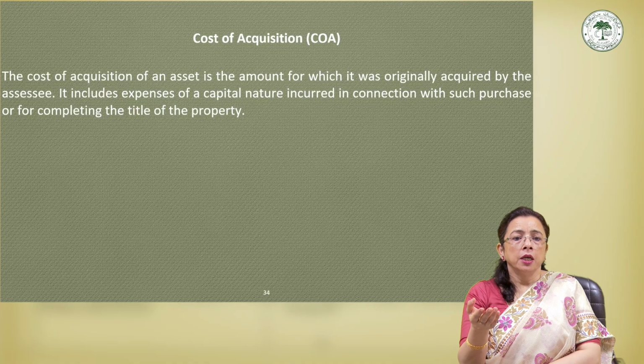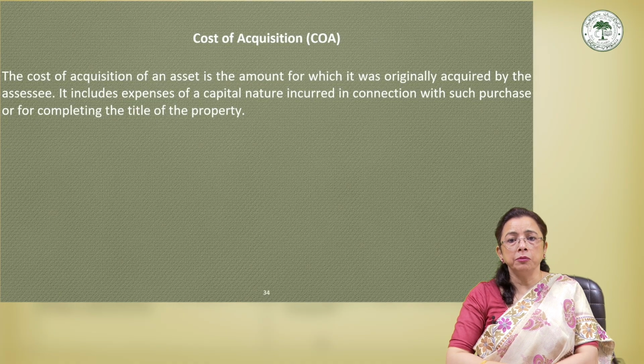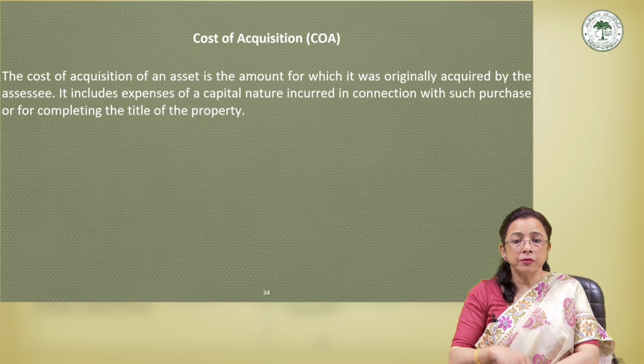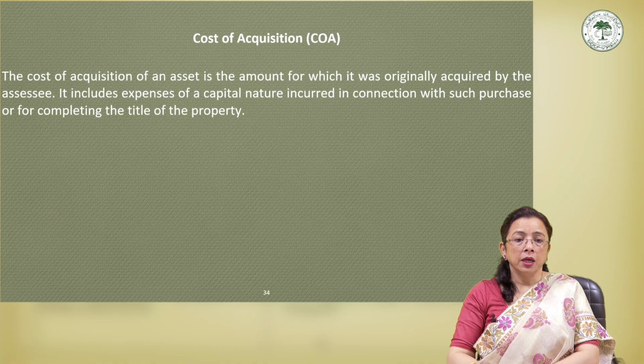So, in certain cases, the income tax also provides a deemed rule for determining the cost of acquisition. For example, assets received through inheritance or gift, bonus shares, right shares, amalgamation or demerger and conversion transactions, etc. In such situations, the Act prescribes a very specific method to determine the COA, that is cost of acquisition.